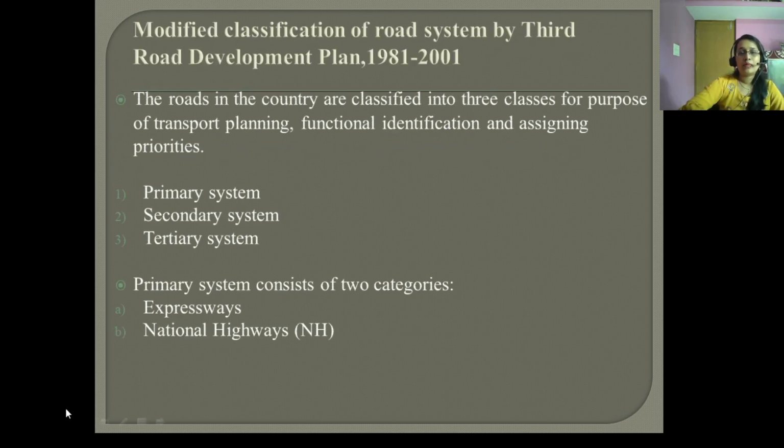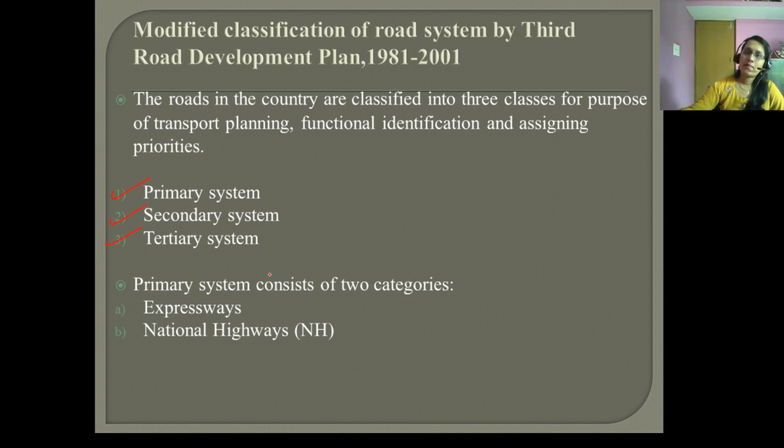Now coming to the next topic, which is the modified classification of the road system by the third road development plan, that is 1981 to 2001. They classified roads for the purpose of transport planning, functional identification and assigning priorities. They classified it as primary system, secondary system and tertiary system.